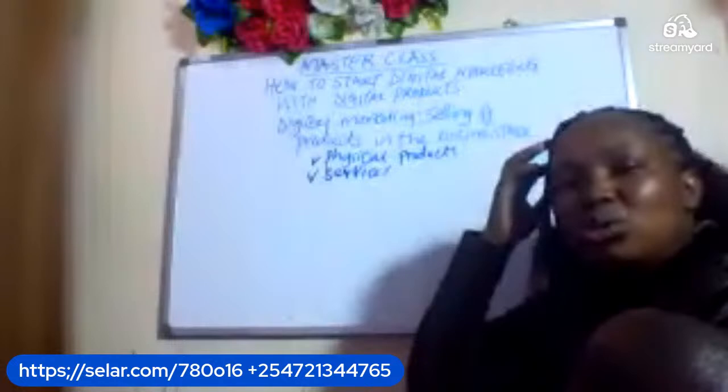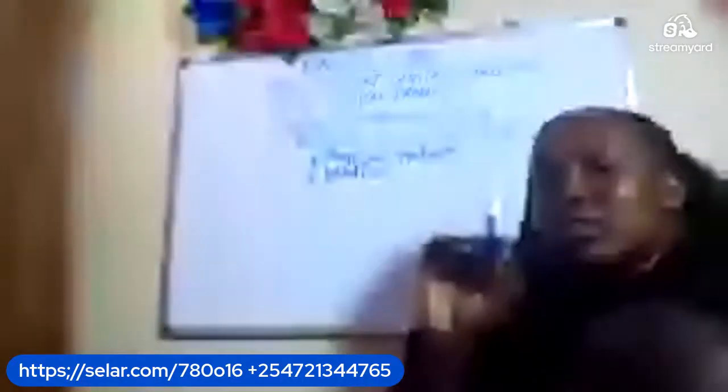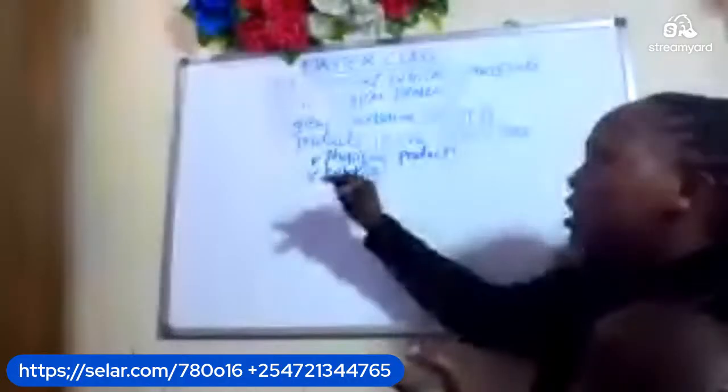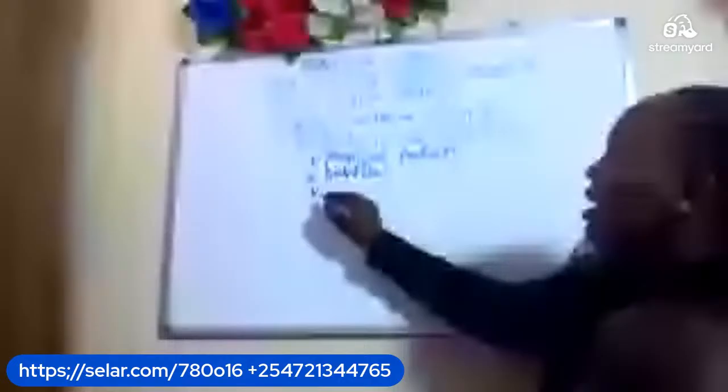They are just selling their services. All right. So for you to make money in the online space, you need to have an offer, you need to have something that you're selling. And the third category now is when you can sell a digital product.